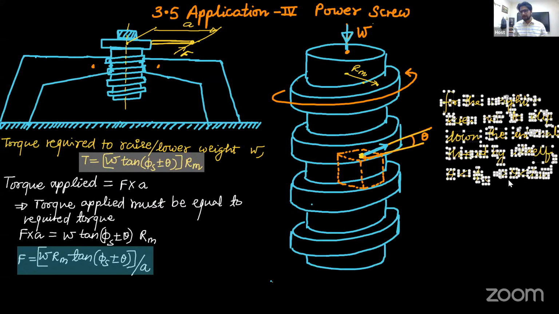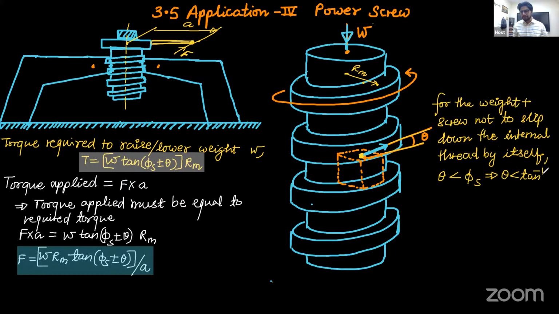So how do we write phi s? Phi s we calculate as tan inverse mu s.